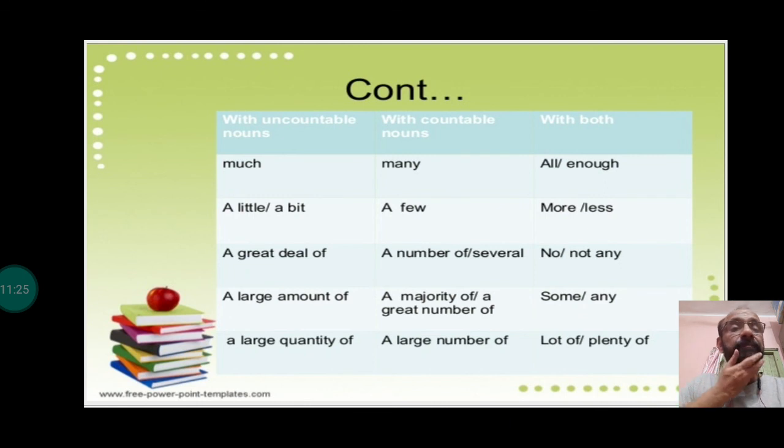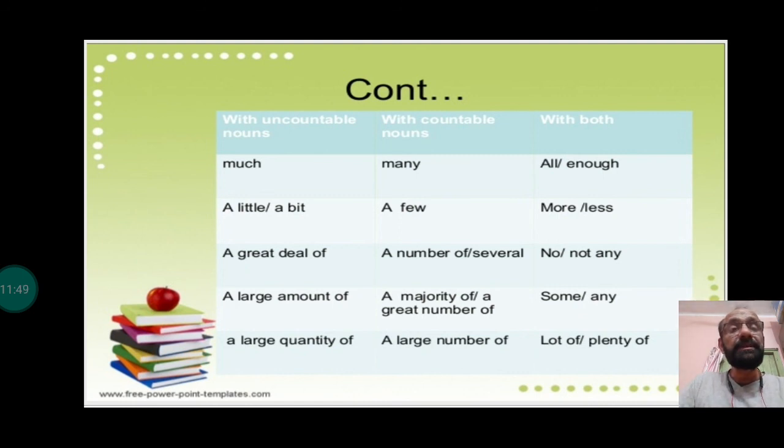Now finally, this list would be very helpful. I would suggest you take a screenshot and save it in your cell phone, because of much, many, all, or enough. First one, much is used with uncountable nouns, many is used with countable, and all and enough are used with both.